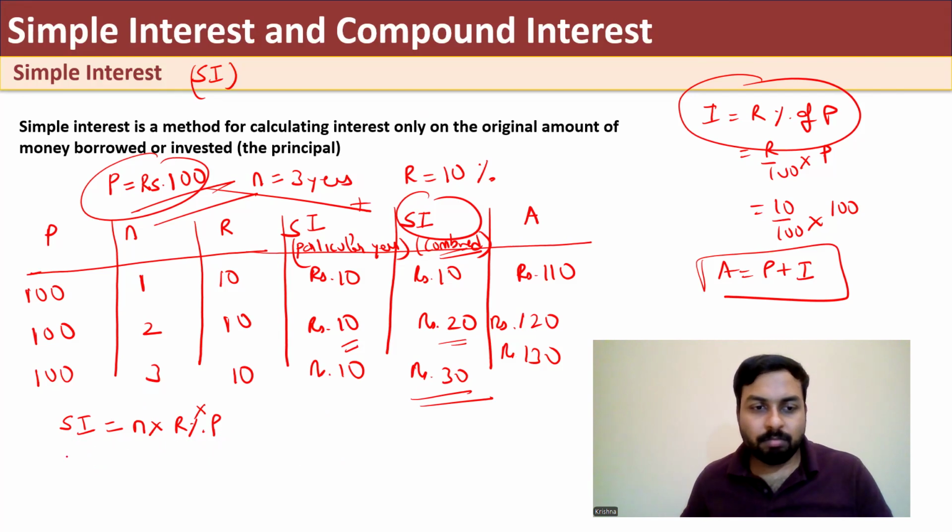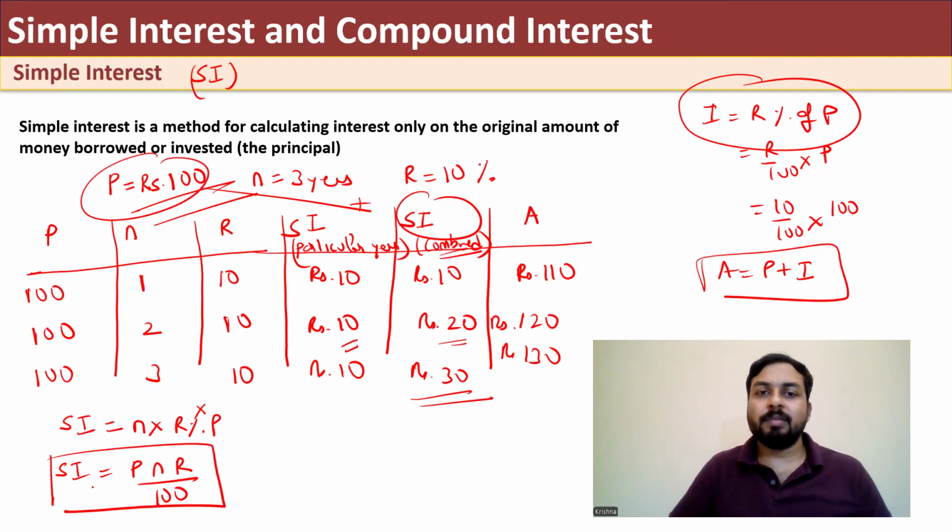So if I want to rewrite it properly, can I say the formula is P into N into R by 100, which is PNR by 100? This is the formula for simple interest. The formula for simple interest is P into N into R by 100. So whenever anybody asks you to calculate simple interest, you'll use this formula. That's the extra amount, the interest that you're going to pay back.